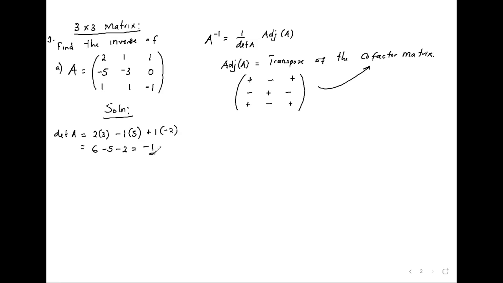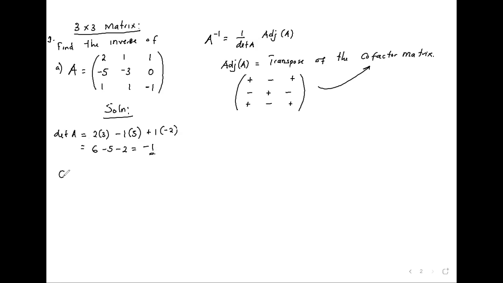Now, after you find that the determinant of A is not equal to 0, then you know this matrix has an inverse. You now find the cofactor matrix. So how do you find the cofactor matrix?